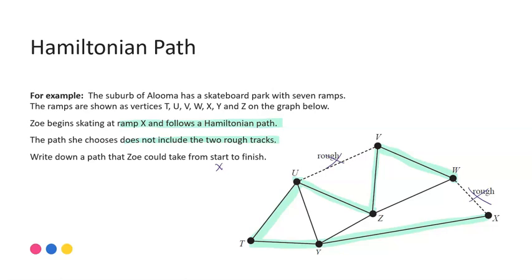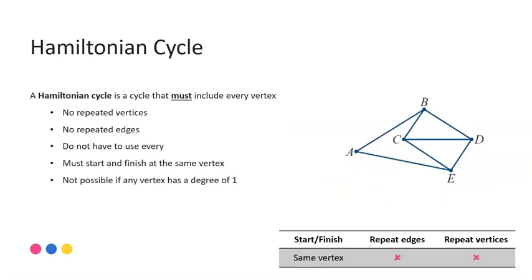She could also travel from Z to W and up to V, but the pathway that I've gone is X, Y, T, U, Z, V, and W. Again, checking, no vertex is repeated, all of them are included, and you've started and finished at different locations.